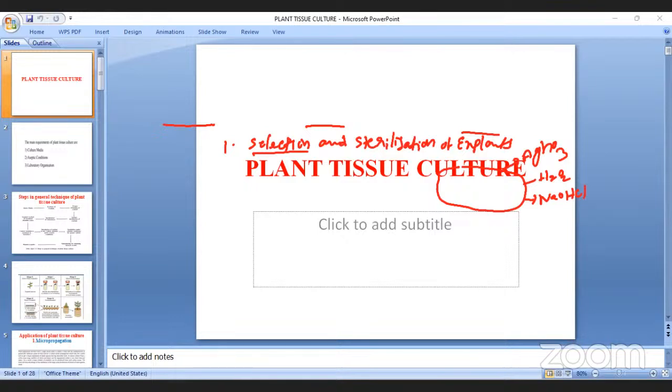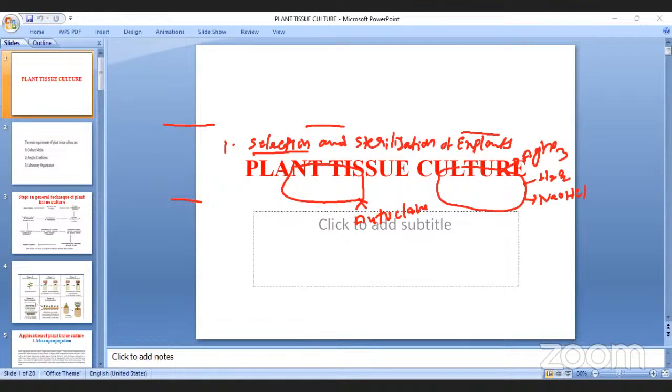After that, the sterilization of glassware. In this process, sterilization of glassware is also needed. The glassware is sterilized with the help of the autoclave process, and washed and sterilized with distilled water. Right? So one is completed.